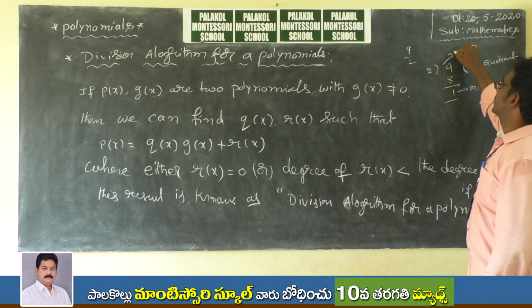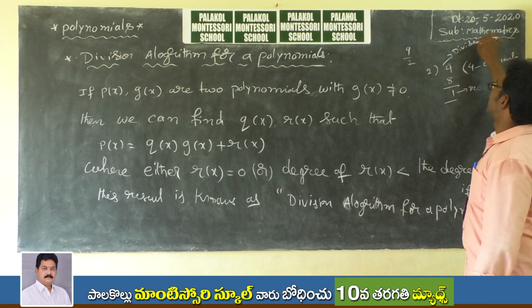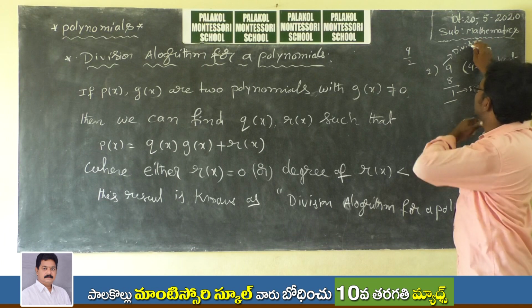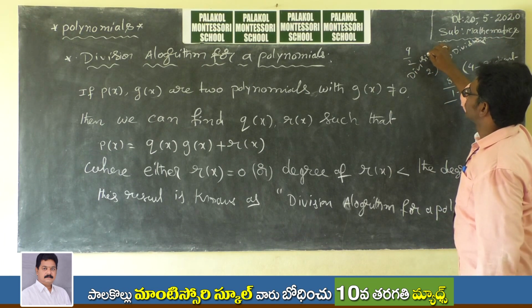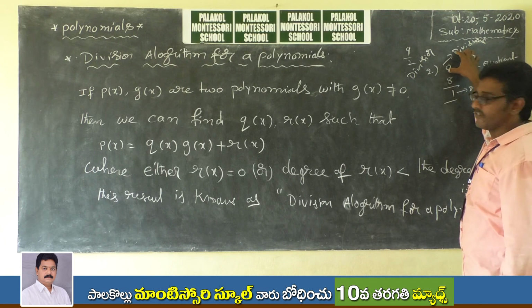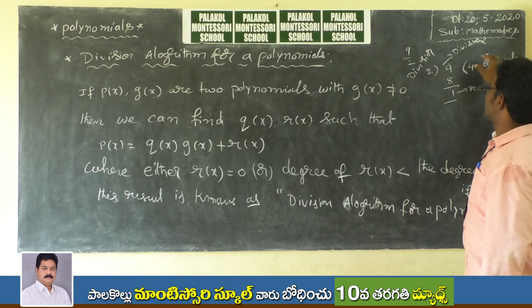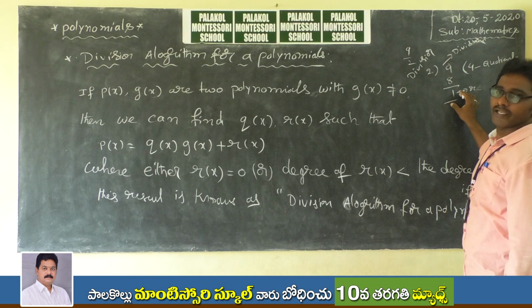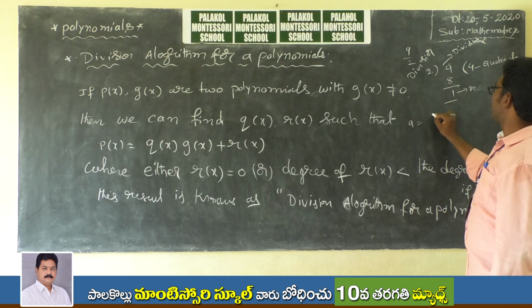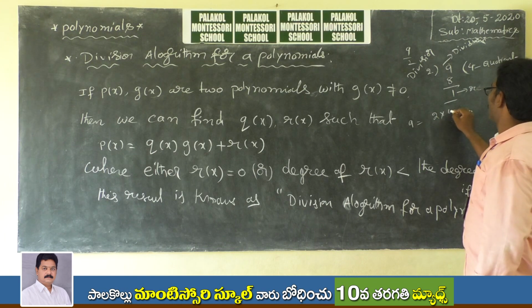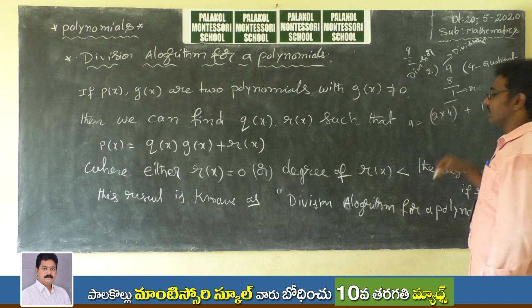This is called the dividend. This is called the divisor. So this is the dividend, this is the divisor, this is the quotient, this is the remainder. So 9 is equal to 2 into 4 plus 1.